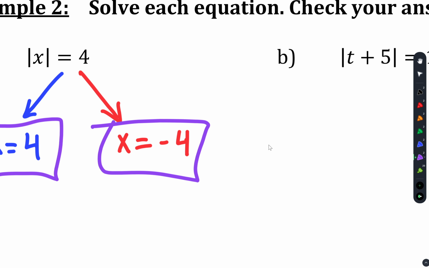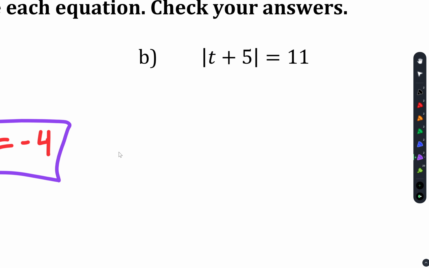Okay, take a look at what happens here in letter B. I have the absolute value of t plus 5 equals 11. Number 1, my first step is to isolate that absolute value expression. Is my absolute value symbol isolated here? Is it by itself on the left side? There's nothing else on the left side except for that absolute value. So then I move to step 2, which is to separate this into 2 different equations.